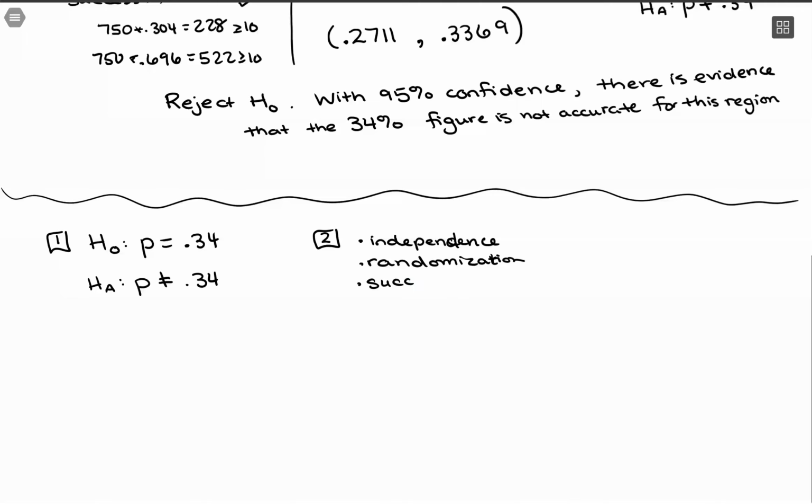Up above we used our sample statistic, but when you run the hypothesis test, when you take your sample size, you want to use the value from your null hypothesis. So here we actually want to multiply by 0.34 and 0.66. So let's see, that'll be 255. This will be 495. Both are larger than or equal to 10. So we're all good to go there.